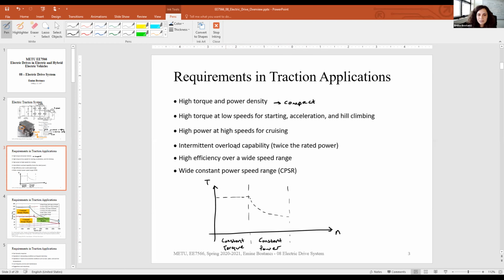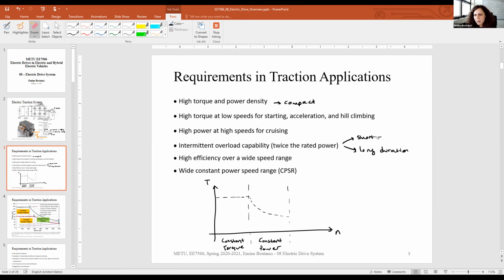It means that we need to define a short time characteristics, plus a continuous characteristics. The continuous characteristics is usually long duration, and the other is short duration.